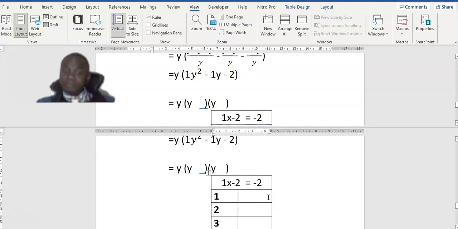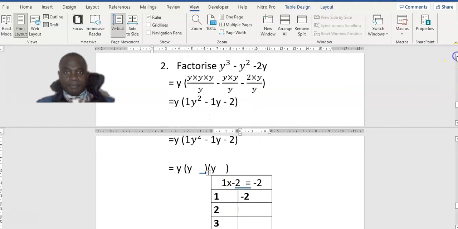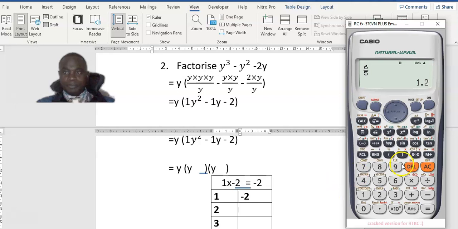So 1 times -2. Let's see whether it's going to give us -1. So 1 minus 2 is going to give us -1.